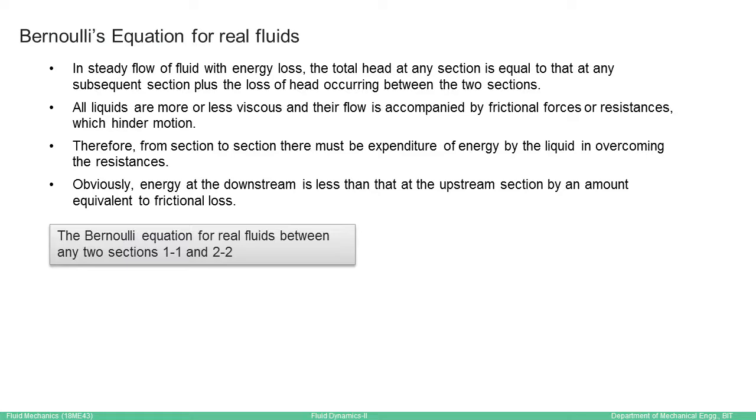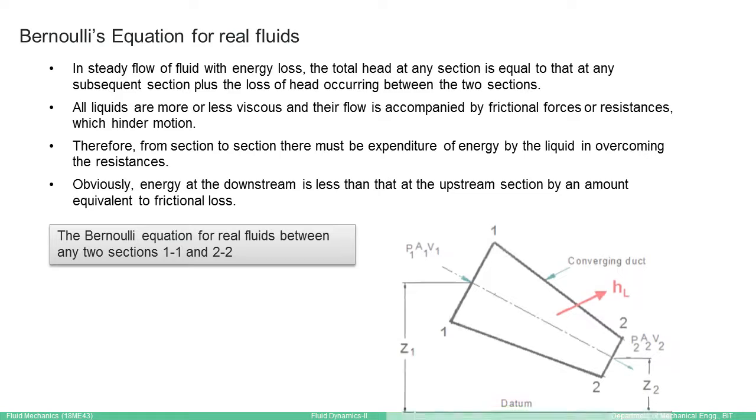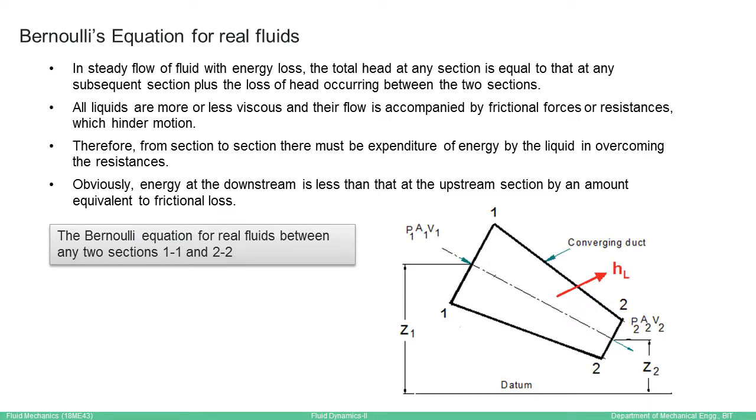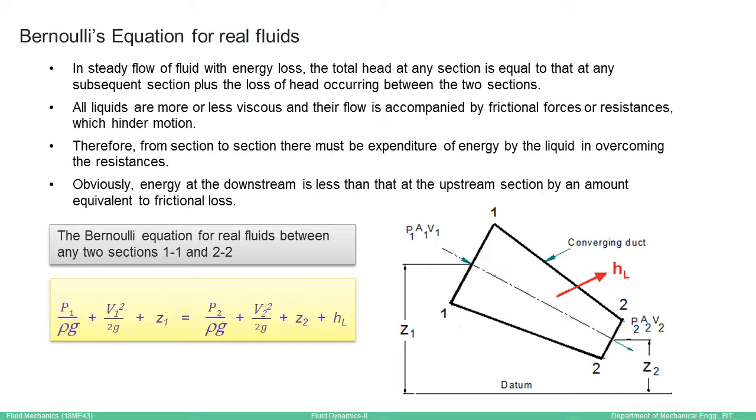So Bernoulli's equation for such real fluids between sections 1-1 and 2-2 as shown in the sketch, where HL is the loss of energy head, can be written as: P1 by rho g plus V1 square by 2g plus Z1 is equal to P2 by rho g plus V2 square by 2g plus Z2 plus HL.